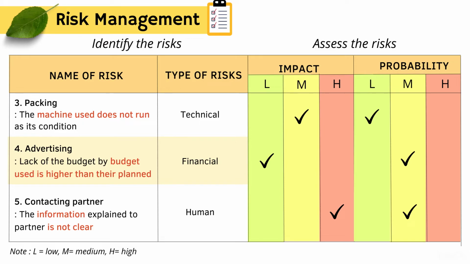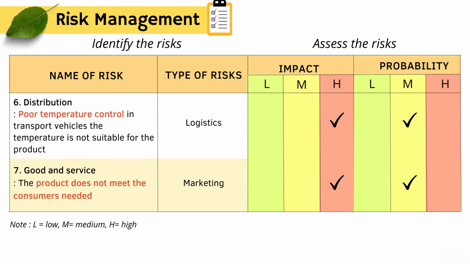So this is the human risk, with high impact and medium probability. For distribution, the product quality can be reduced because of poor temperature control during transportation, which can be classified as a logistics risk. We identify this risk as high impact and medium probability.